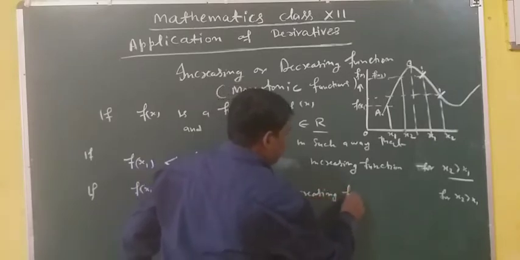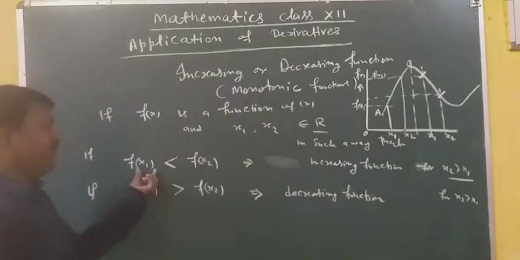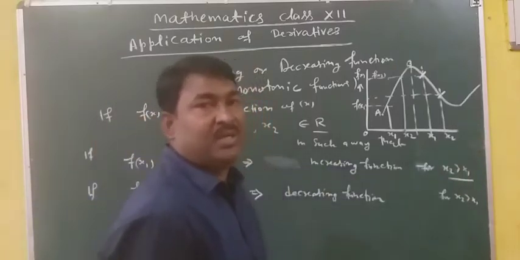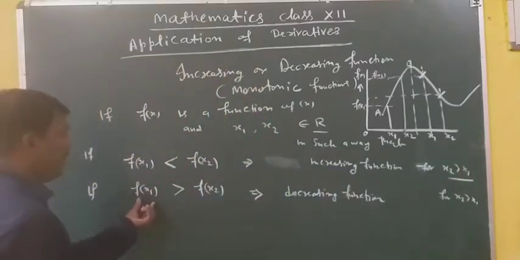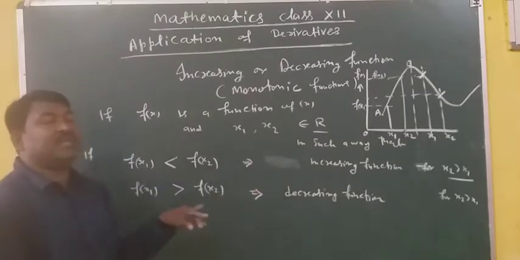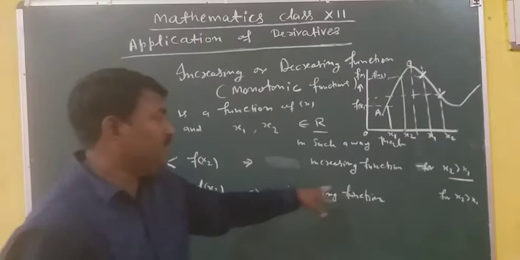So if f(x1) is less than f(x2), where x2 is greater than x1, the function is increasing. And if f(x1) is greater than f(x2), the function is decreasing.